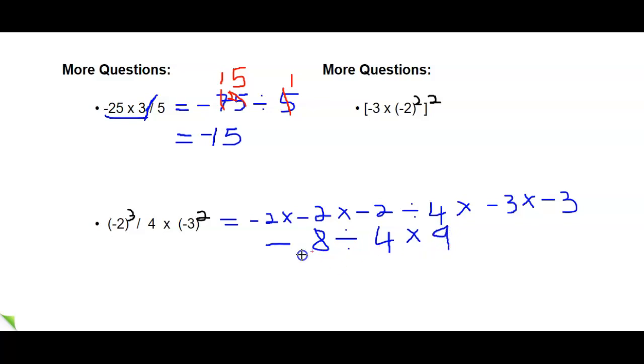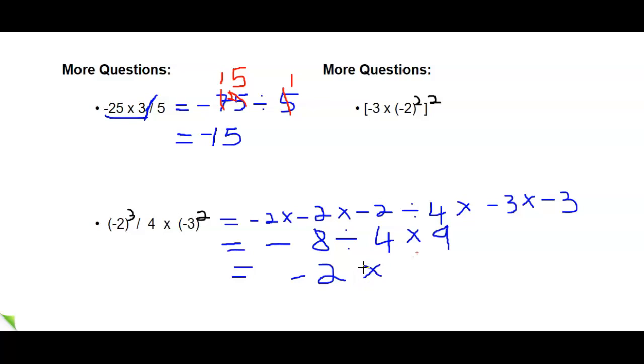Okay, we work from left to right. So we get negative 8 divided by 4. Negative divided by a positive is a negative. 8 divided by 4 is 2. So that's negative 2 because negative divided by positive is negative.